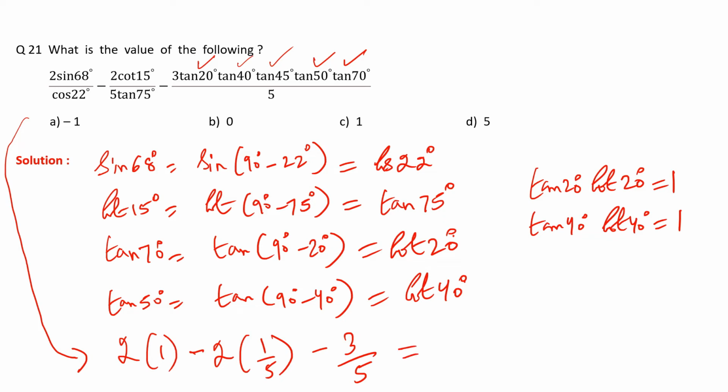So it becomes 2 minus 2 upon 5 minus 3 upon 5, or this is just 2 minus 1, and finally the answer is 1. So hence C option is the correct one. Now we move to the next question.